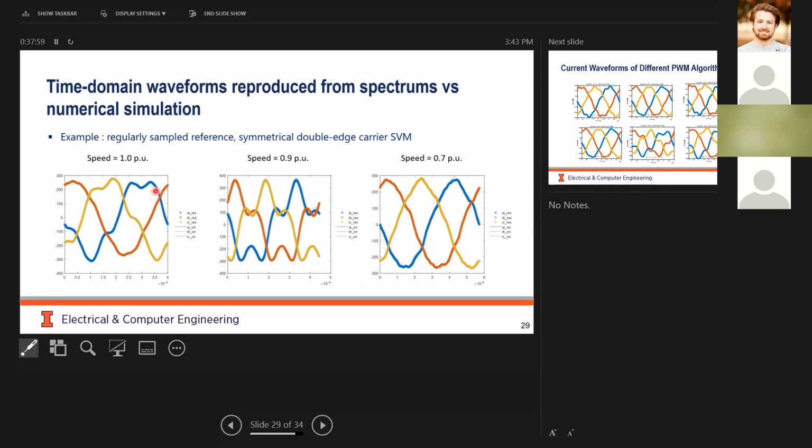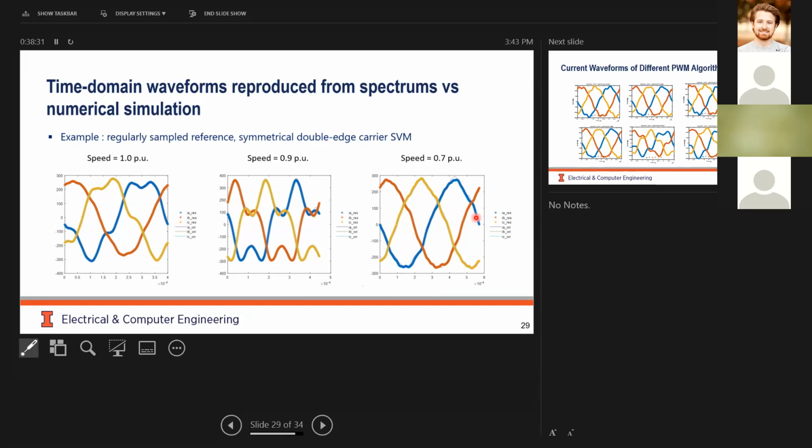And here shows if my motor speed is rated speed, or 0.9 per unit, or 0.7 per unit. You can see that you will get different waveforms, but what's obvious is that the waveform is not sinusoidal at all. But for lower speed, you tend to get a better sinusoidal waveform.